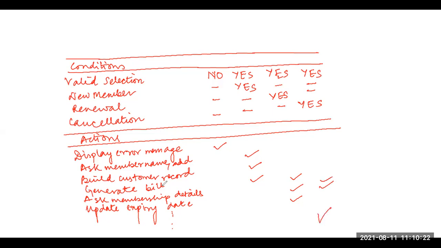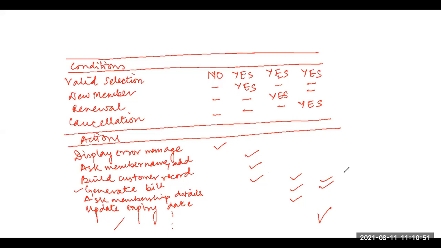So this generate bill option was there for new member, renewal and cancellation, but I have written it only 1 time, and for all the condition combinations where it applies, I will simply tick it. Okay. So this is the concept of how the decision table is made and how the decision tree is made.